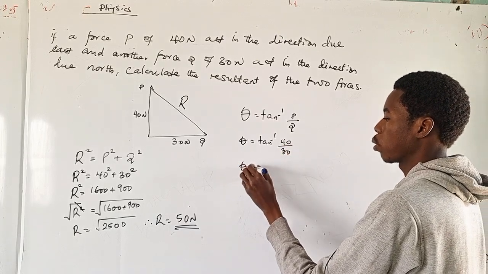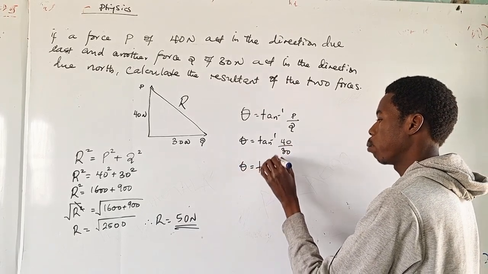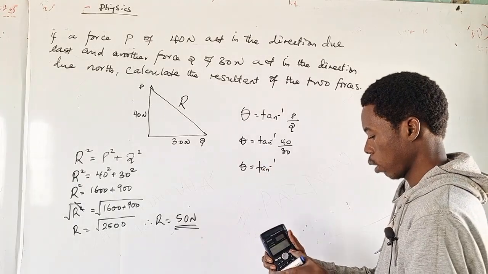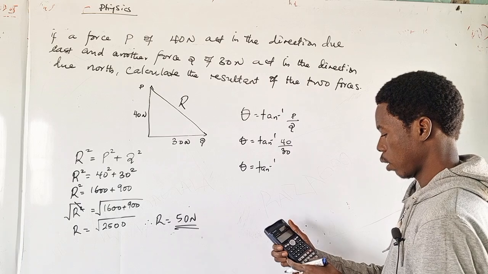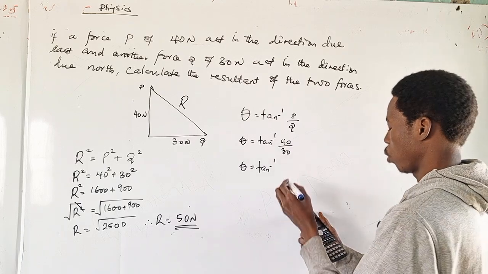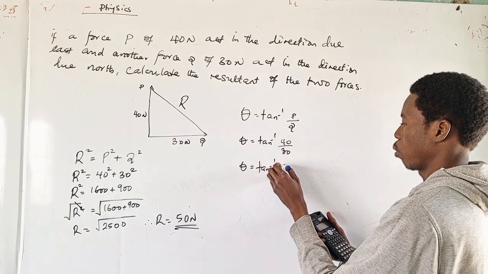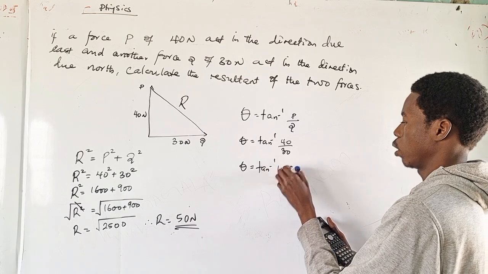So theta equals tan inverse 40 divided by 30, which will give us 1.33.